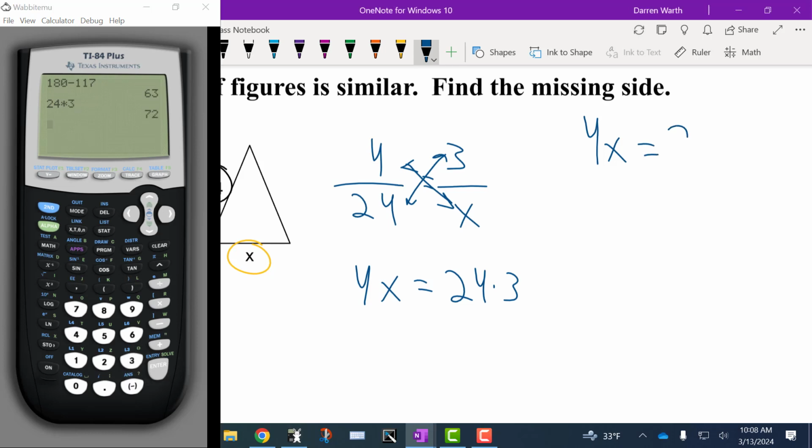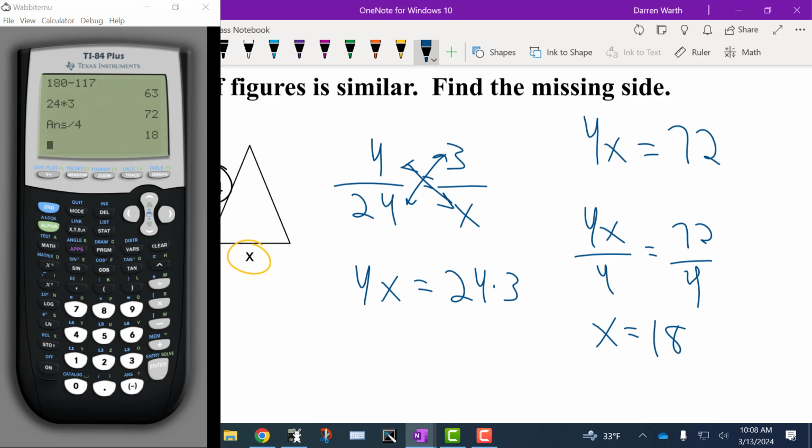So I got 4x equals 72. I'm going to divide both sides by 4. Now I'm going to take 72 divided by 4, and that's going to come out to be 18. So the value of that missing side is going to be 18.